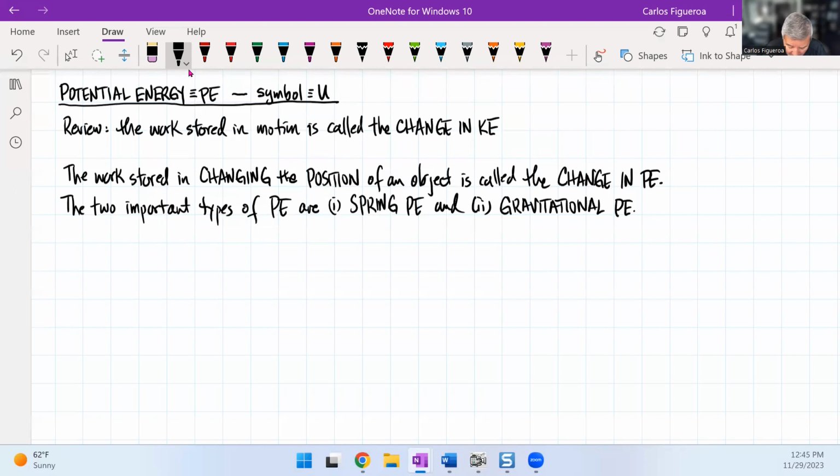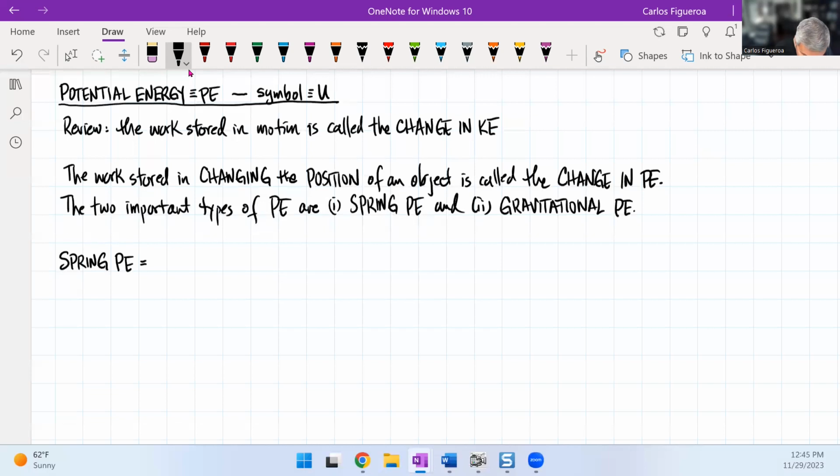Spring is visually easier to see than gravitational potential energy, and you'll find that gravitational potential energy can be quite abstract. Therefore, I choose to start off with spring potential energy.